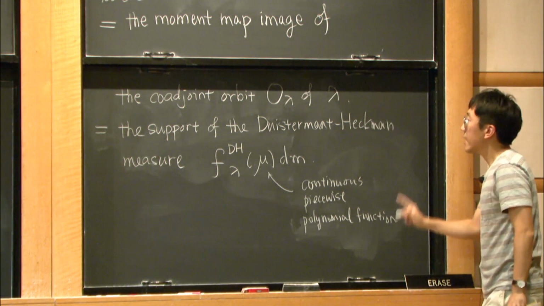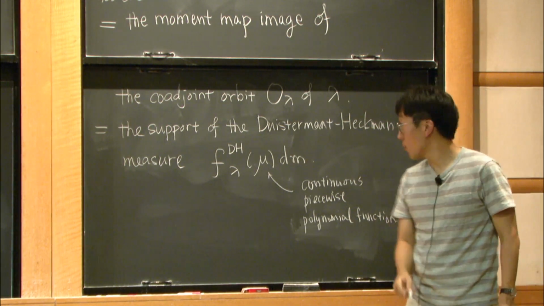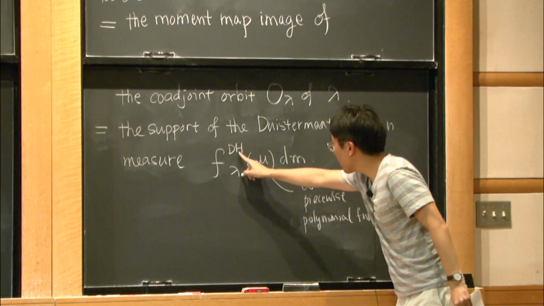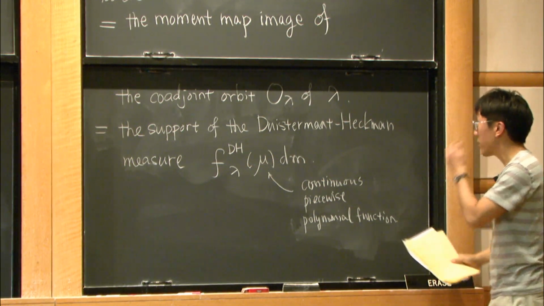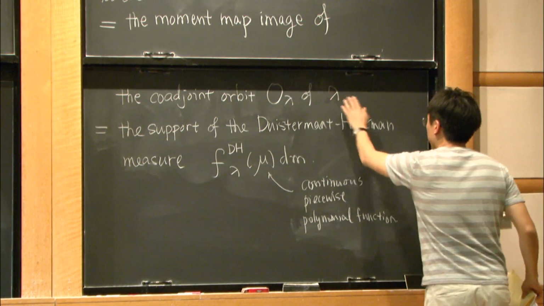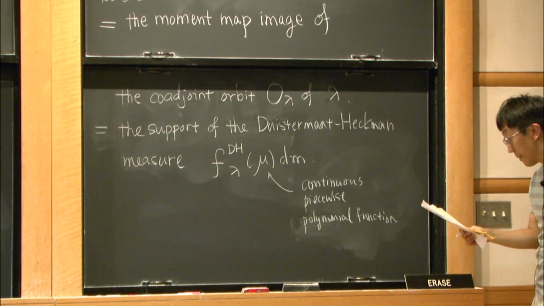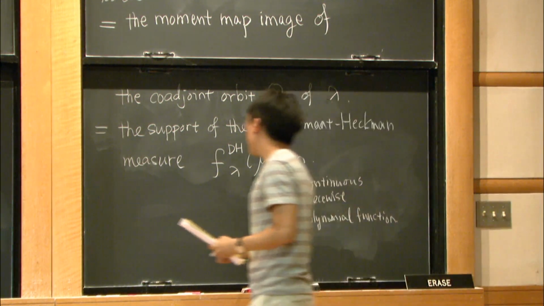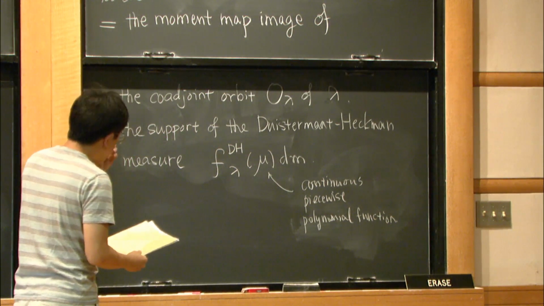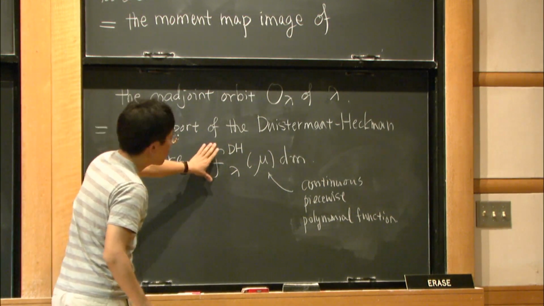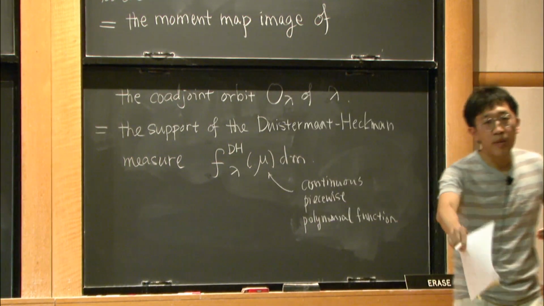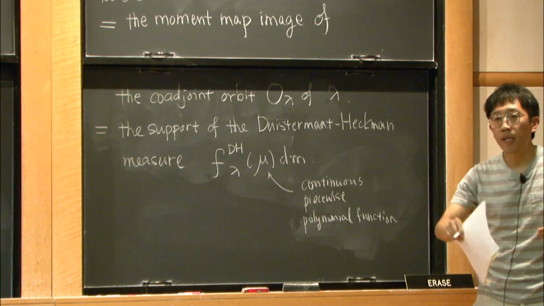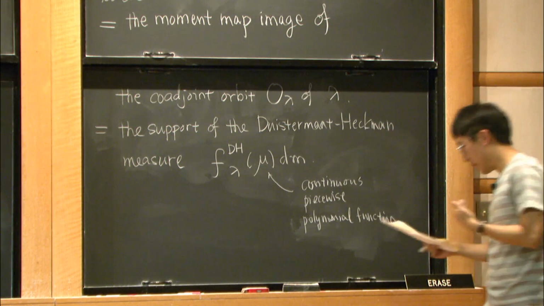And the chambers inside the permutohedron on which f_lambda is a single polynomial are also determined by the combinatorics of lambda and so on. You can go on and on. But from our point of view, what is most interesting is that this measure is actually a limiting measure for weight multiplicities. So in the following sense.